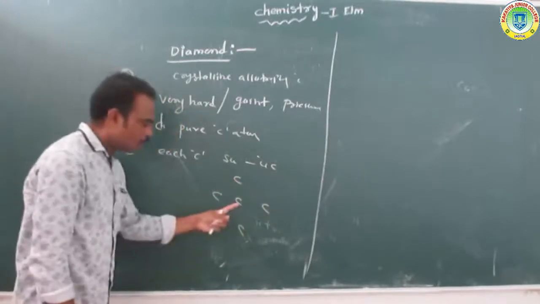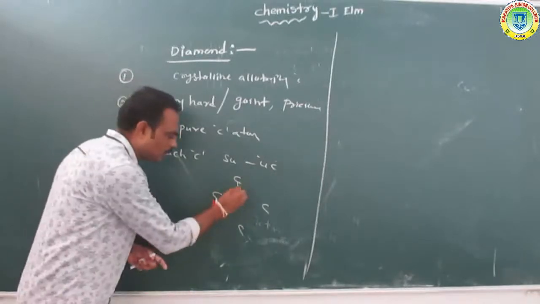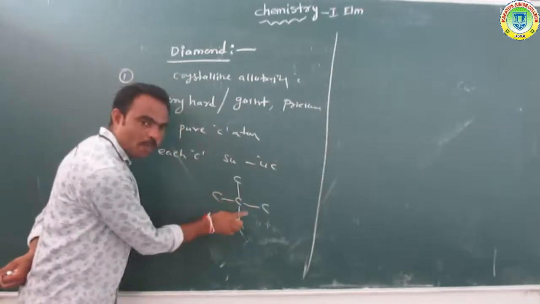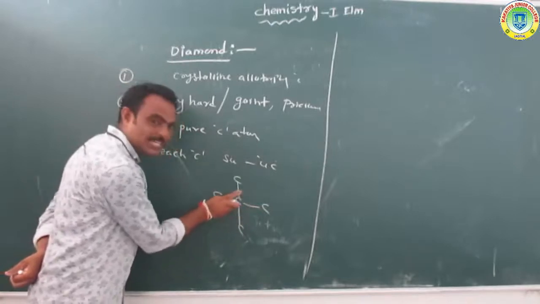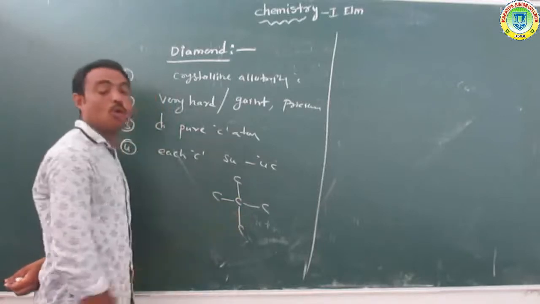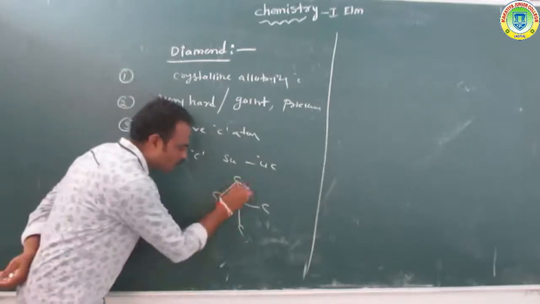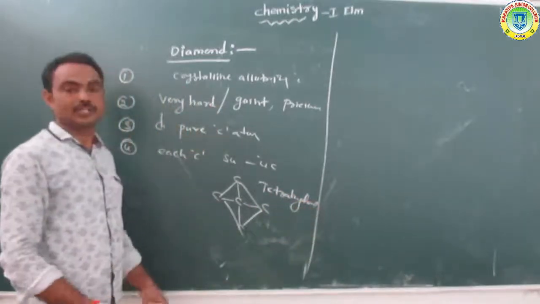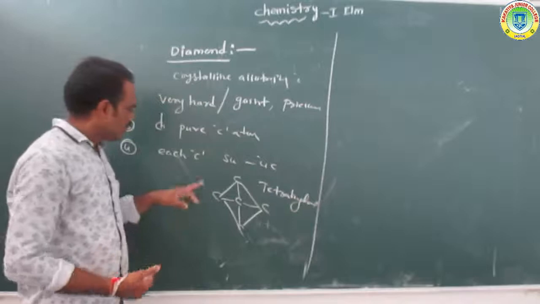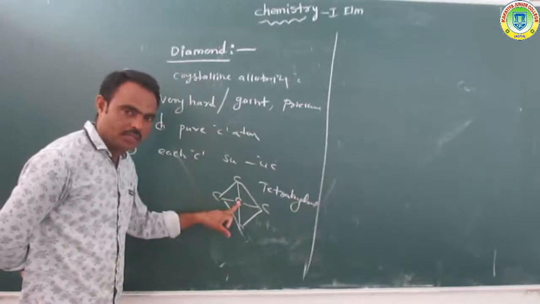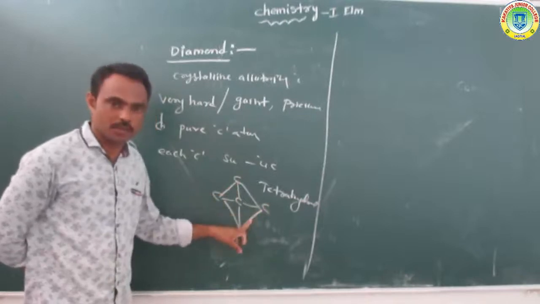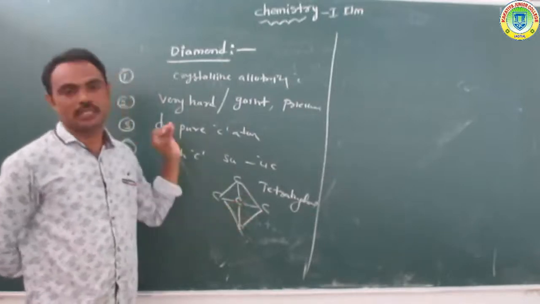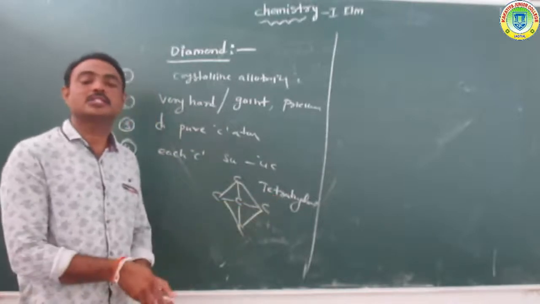Suppose this carbon is attached with the surrounding 4 carbon atoms with a single bond or sigma bond, a covalent bond, to form a tetrahedral structure. So this is a very important point. Each carbon atom is attached with the surrounding 4 carbon atoms with a single bond or sigma bond, a covalent bond, to form a tetrahedral structure.